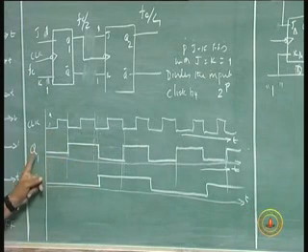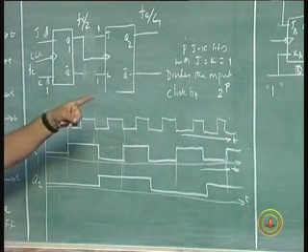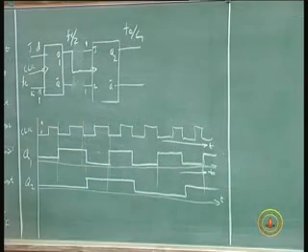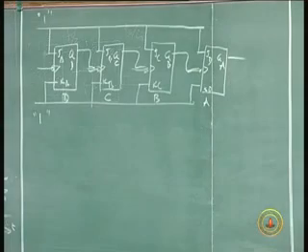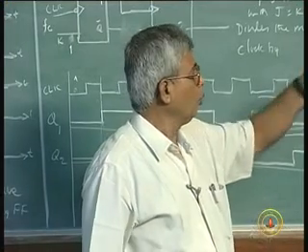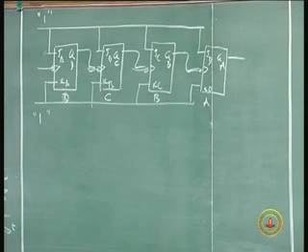For every clock period, QA goes 0, 1, 0, 1, 0, 1, like that. QB goes 0, 0, 1, 1, 0, 0, 1, 1, 0, 0, 1, 1.